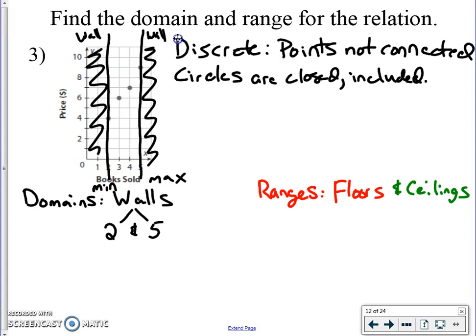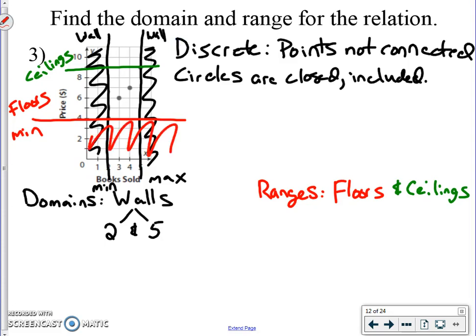My floors and ceilings occur, my floor occurs at the lowest point. Floors are a min, while ceilings typically are a max. My floor's minimum, the floor occurs at a minimum, there's nothing below the floor, and there's nothing above the ceiling. My floor occurs at 4, and my ceiling occurs at 9.